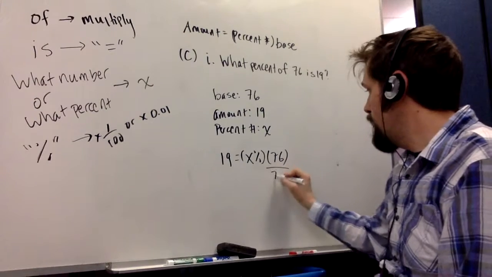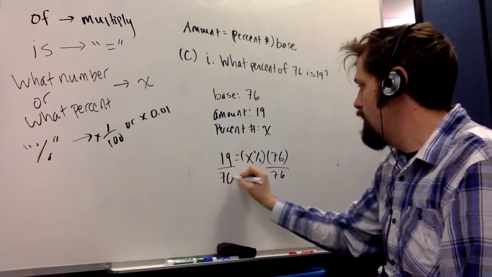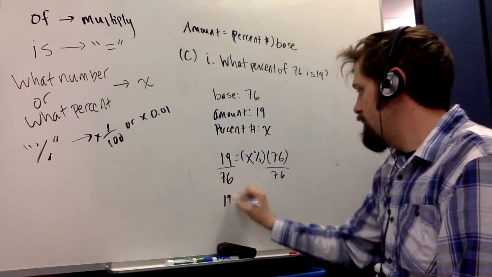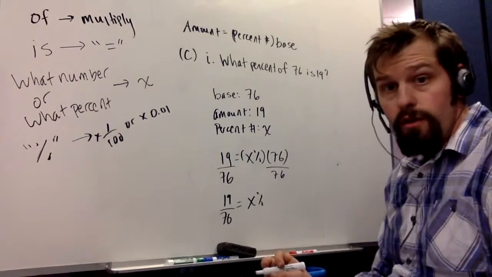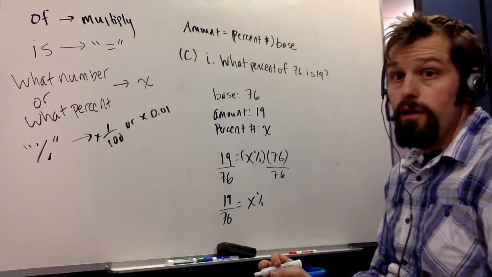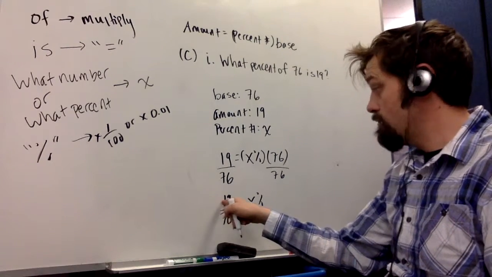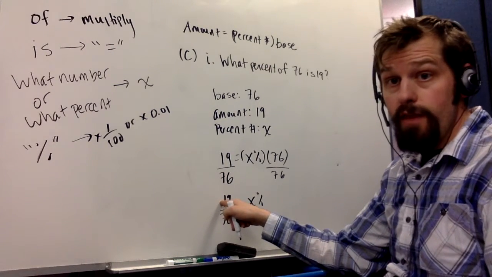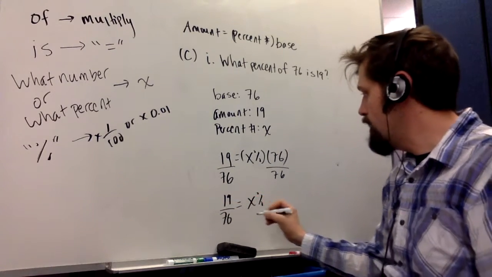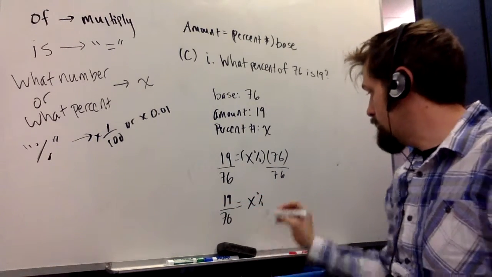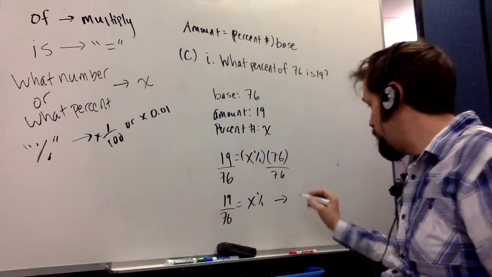So we divide by 76, and that's x percent. And now I'm going to think about, well, I know that 4 times 20 is 80, and then if I take away 4, I get 76. So that tells me that 19 over 76 is equal to 1 over 4.